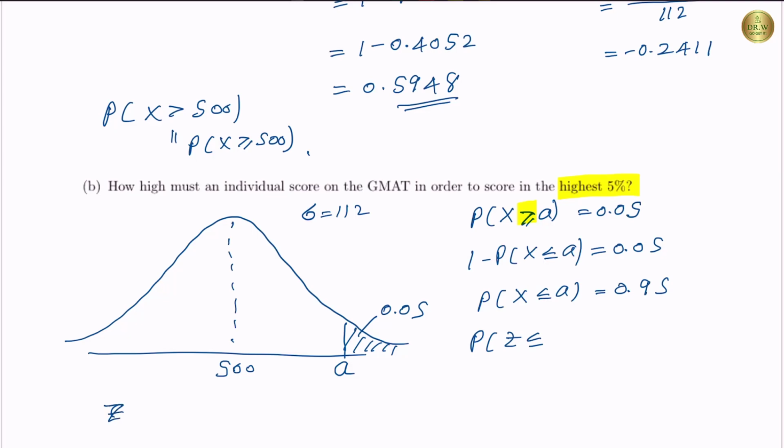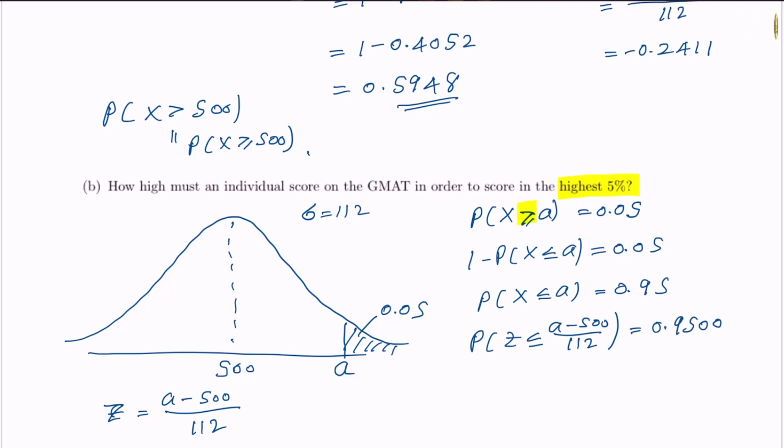The z value of A equals A minus mu, which is 500, divided by sigma, 112. A minus 500 divided by 112 equals 0.95. I will write this with 4 digits because this is the probability. The table gives the probability with 4 digits.